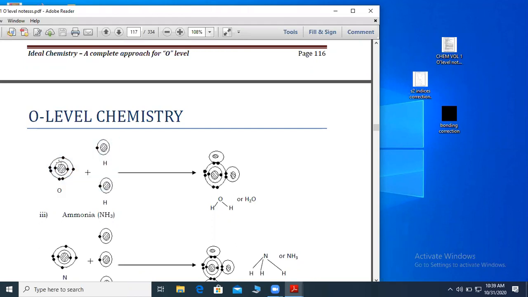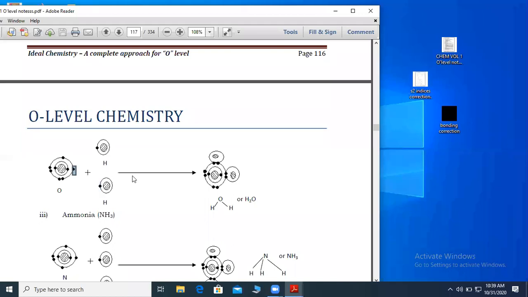So the other 2 electrons that are not paired are going to pair with the electrons from hydrogen. One hydrogen comes with 1 electron, and it puts it where there is 1 electron of oxygen, and then the other one also comes with 1 electron, and that electron is going to be shared with the other electron of oxygen.